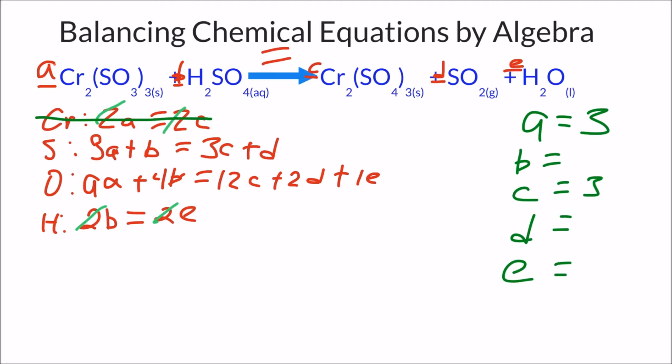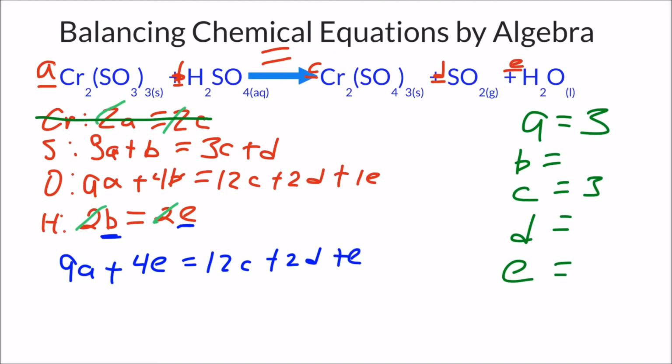If B equals E, then I can substitute that equation into some other equation. So in oxygen's equation, I have 9A plus, normally we would say 4B, but since B equals E, I'm going to change that to 4E instead. And that equals 12C plus 2D plus E.